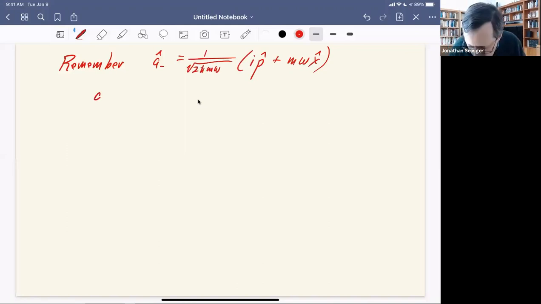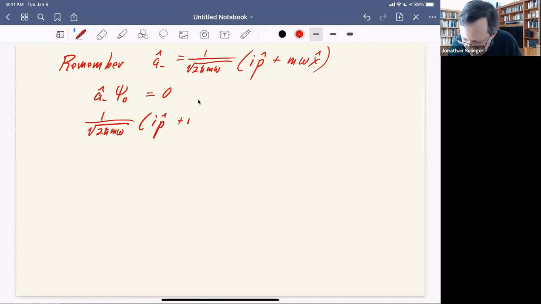So that means that we want the equation A minus acting on psi zero is zero. Let's actually work that out. Square root of 2m h bar omega, i p plus m omega x operator, operating on psi zero of x is equal to zero.